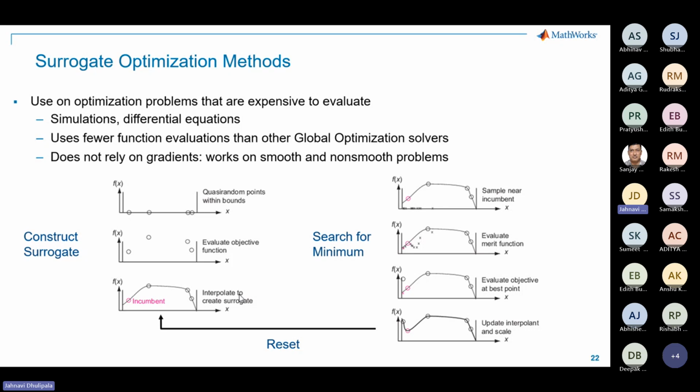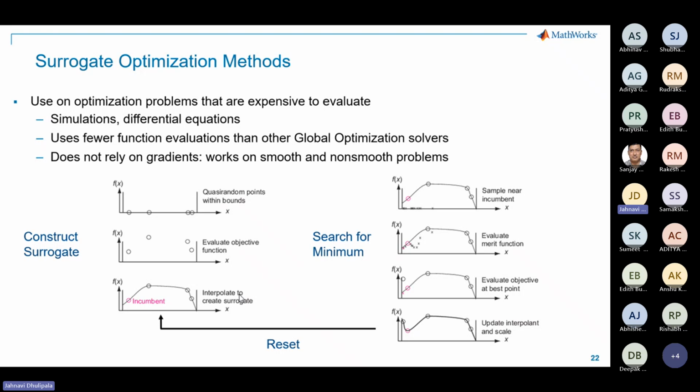The advantage of this method is that it uses fewer evaluations compared with the other optimization solvers. Even though, truth be told, in global optimization you also find other techniques such as genetic algorithms, or pattern searches, or different techniques. But this method actually helps us.